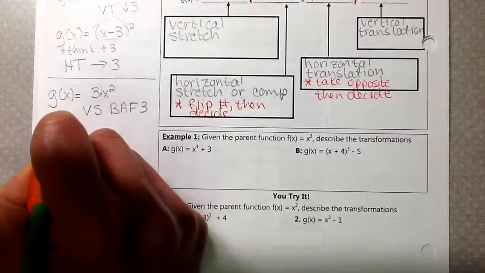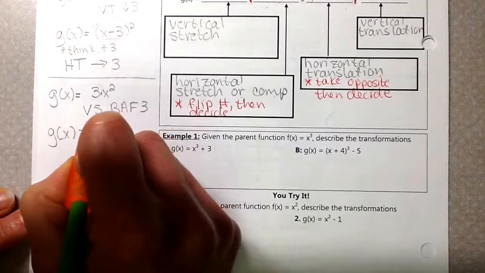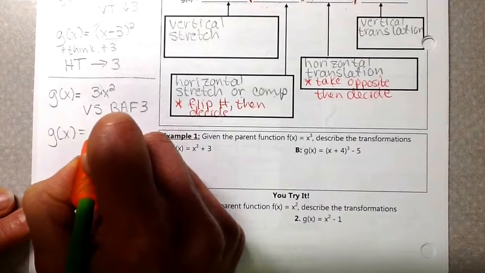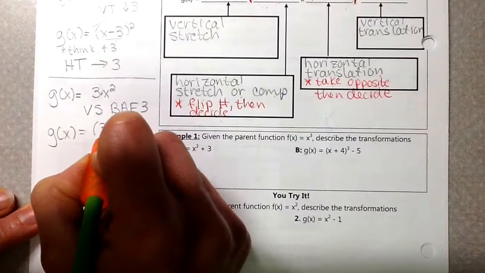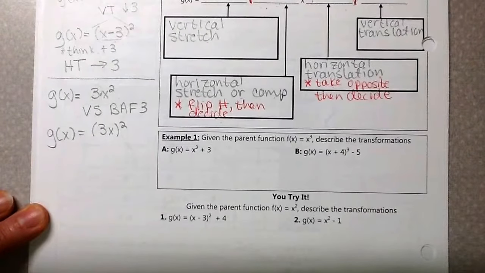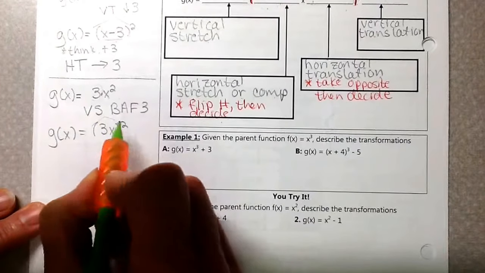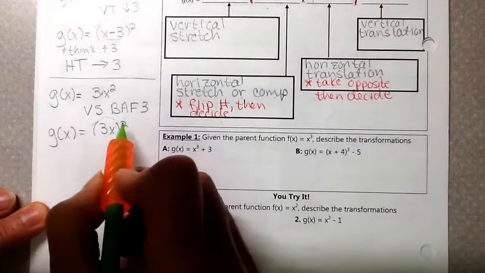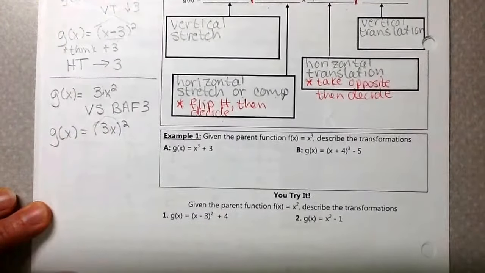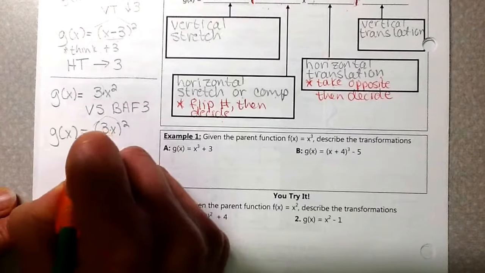Now I'm going to change this just a little bit, and I'm going to say 3x squared. Okay, just a little bitty change there. Now we're in the horizontal house of horrors. So we know we're multiplying. It has to be a stretch or compression. We know we're in the horizontal house, so it's horizontal.